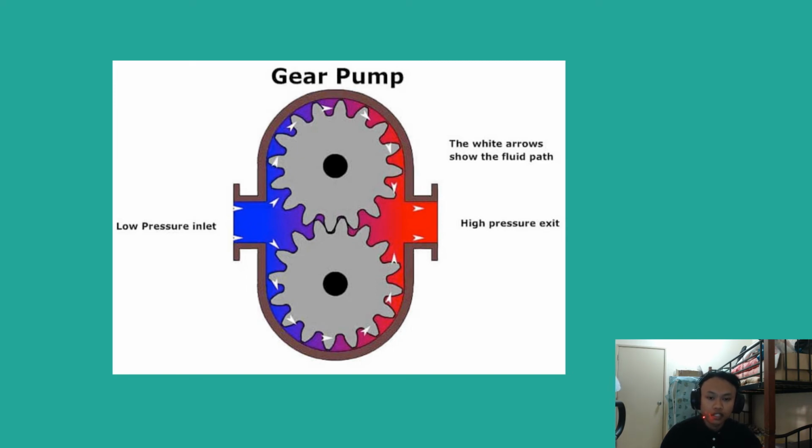Since the gears are interlocked, fluid cannot be moved back through the center between the gears. This specific pump is often used to pump liquids such as water, light oils, chemicals, additives, resins, and solvents. They are also favored in applications requiring precise dosing or high pressure output.